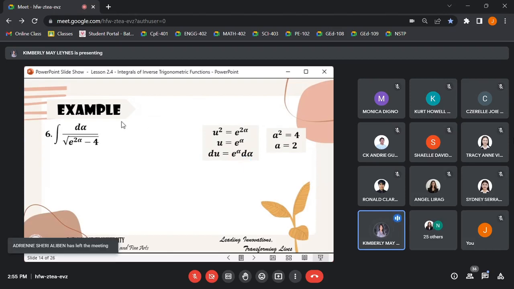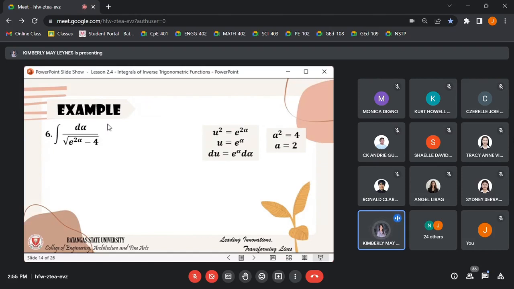So what's needed here ay kailangan natin magdagdag ng e raised to alpha. Paano tayo magdadagdag? Pwede tayo magdagdag basta equivalent siya sa 1. So how will that happen? Idadagdag natin ng e raised to alpha sa numerator at sa denominator. Parang nag-multiply lang tayo ng e raised to alpha over e raised to alpha dito sa gilid na to.